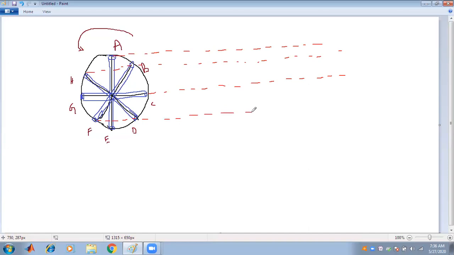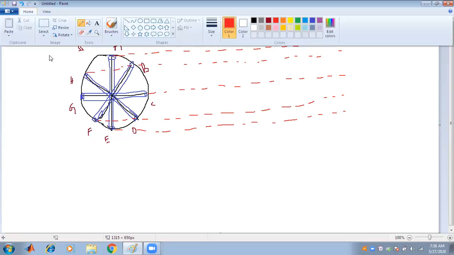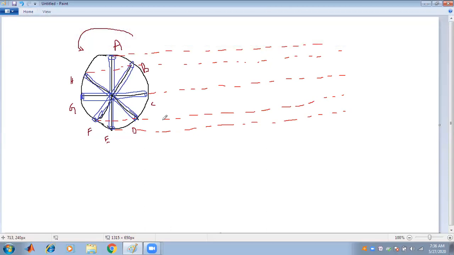The pictorial view of the generation of the sine wave. Okay. So let us take some points. That is the image, the reflection of the image.